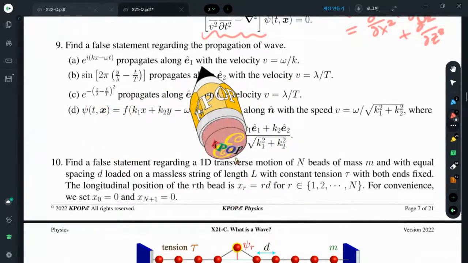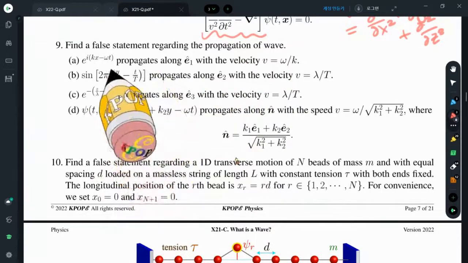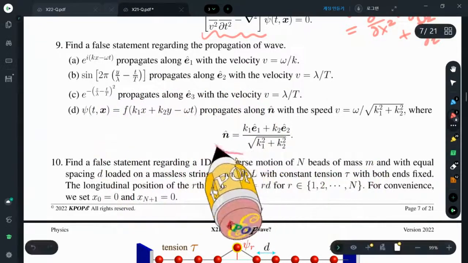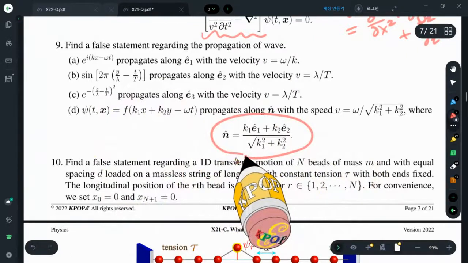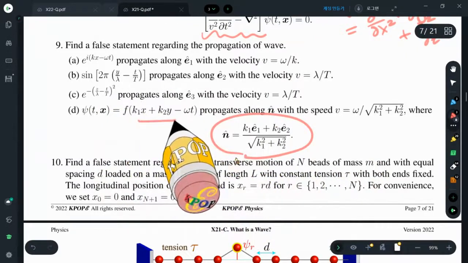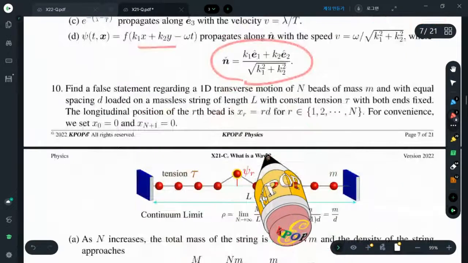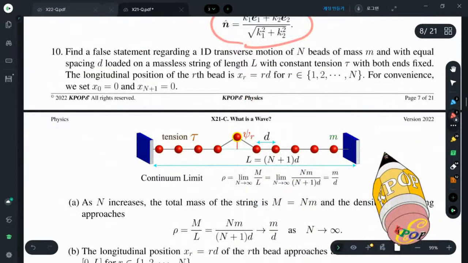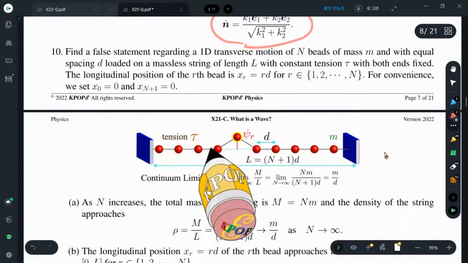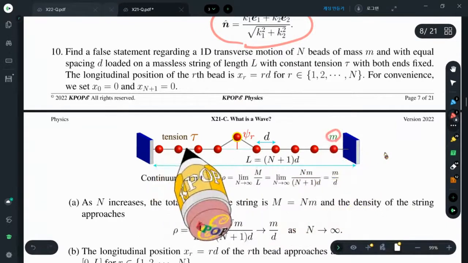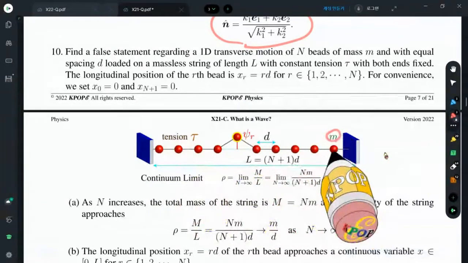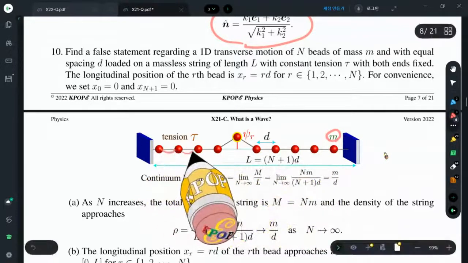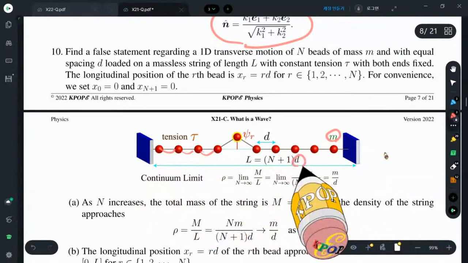These are the waves, and I have listed the way to determine the direction of propagation. Now, we have a string. There are identical masses distributed with equal spacing d.